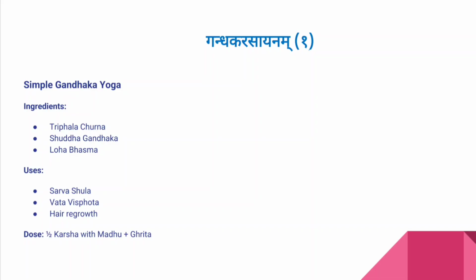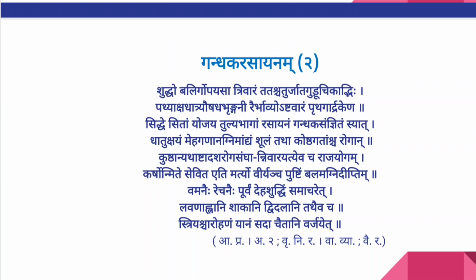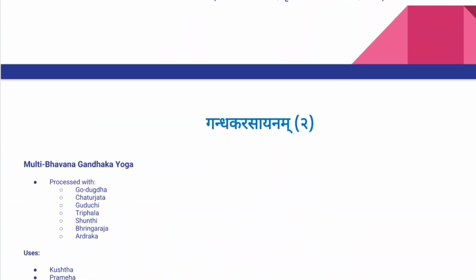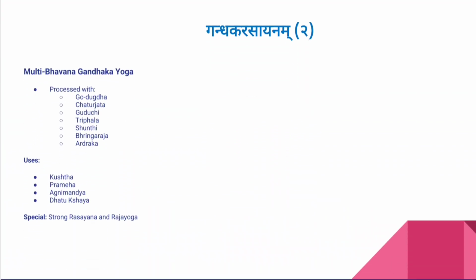Also mention the second formulation from the Ayurveda Prakash, a classical text. Here the pharmaceutical processing is mentioned. The potency is enhanced through 51 total levigations mentioned in this shloka.